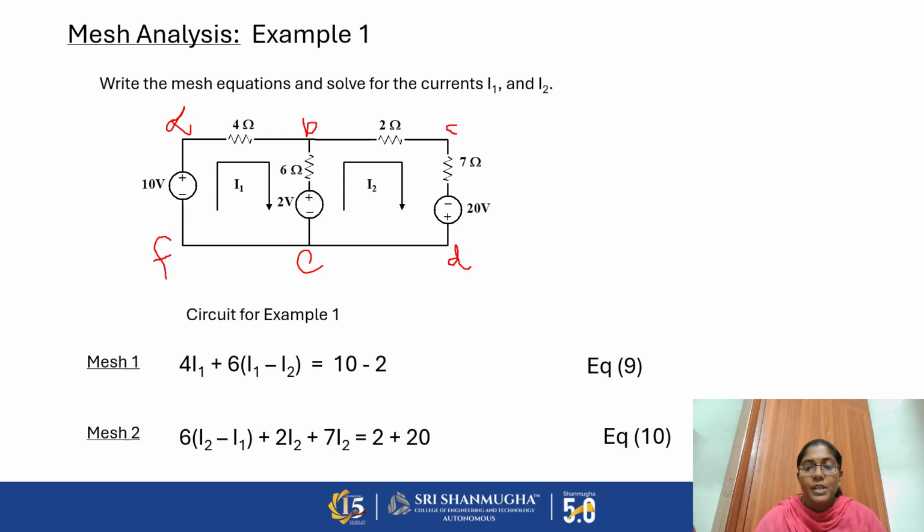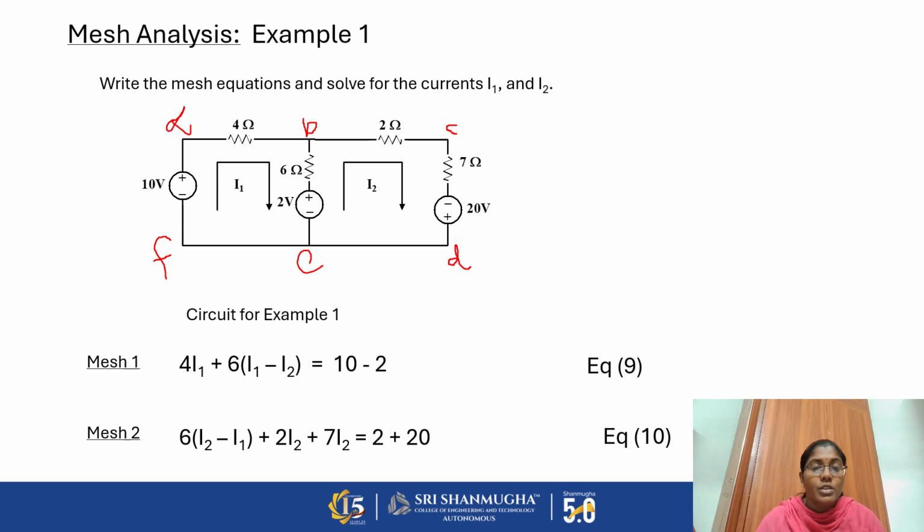You have to apply Kirchhoff's voltage law. Here you can find two voltage sources. The voltage across the voltage sources can be written on one side of the equation. The current flowing through this voltage source is towards the positive terminal, so you write plus 10, and for the other source, the current flows towards the negative terminal, so you write minus 2. The voltage across the resistances is written on the other side of the equation.